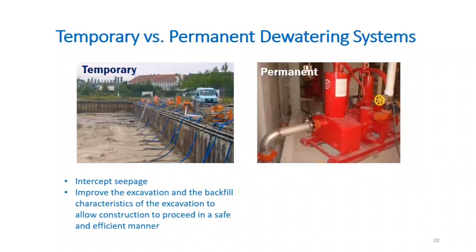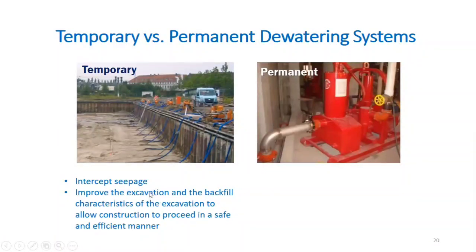The main difference between temporary and permanent dewatering is this. For temporary, the objective of the dewatering system is just to intercept the seepage, and to improve the excavation and backfill characteristics to allow construction to proceed in a safe and efficient manner.